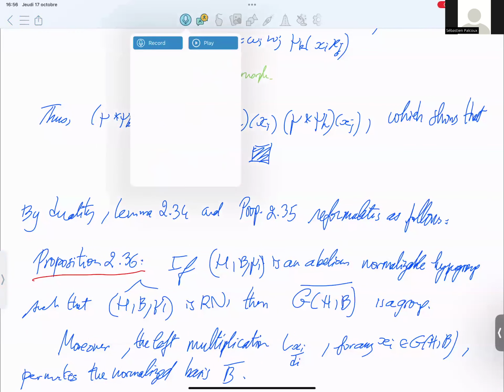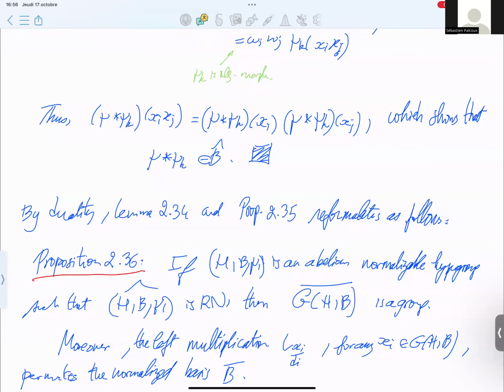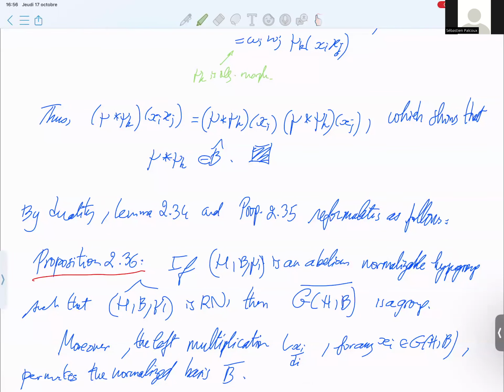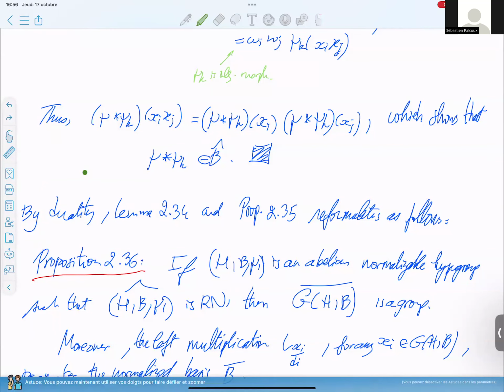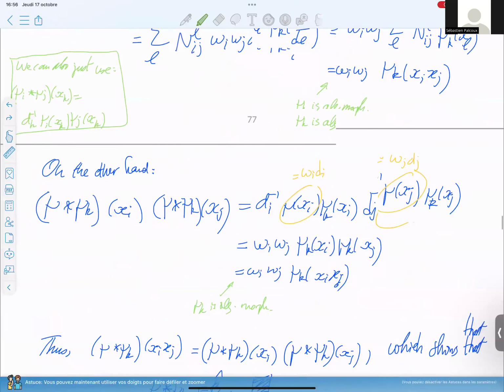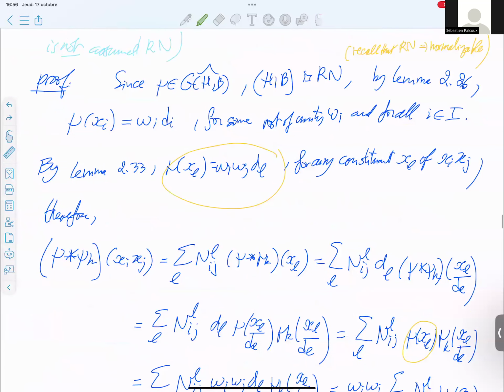Okay, so I guess I will stop here because it's time. So this action is stable by complex element.